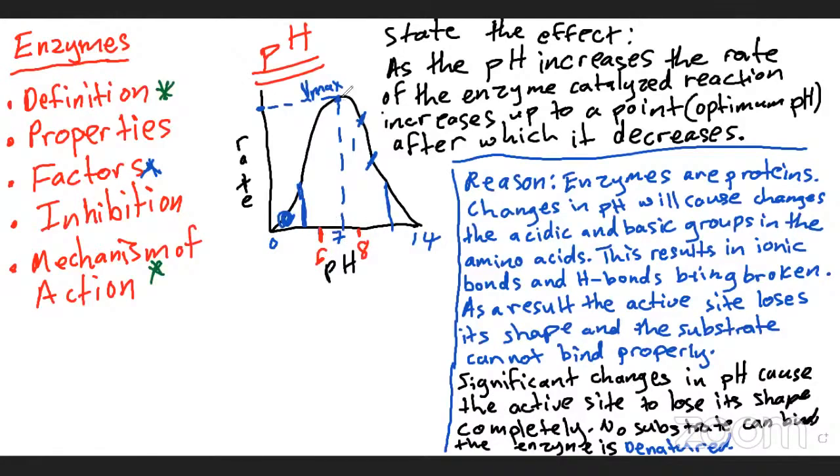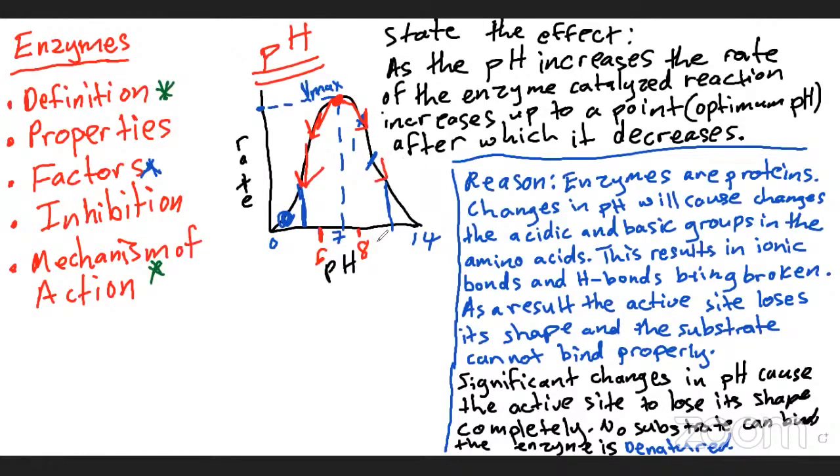So if you view it from the optimum pH, you realize that going away from the optimum in either direction causes the rate to decrease.